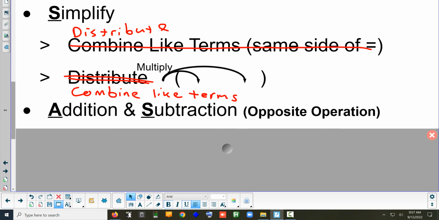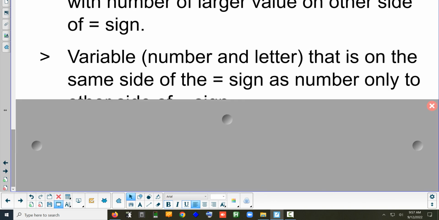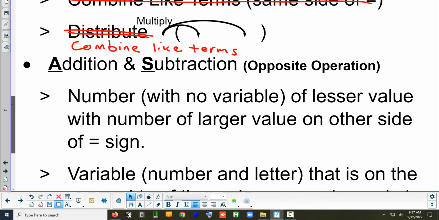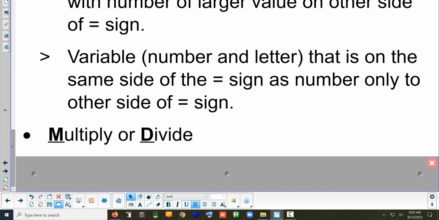So we've got simplify. We've got addition and subtraction. What's the last letter? We have S, A, and then, yes, Michael? Multiply. Yep, M is multiply or divide. Okay, and again, I'm not going through all the steps again with addition and subtraction because we just reviewed it in the warm-up, and you that were all here on Thursday, we already went through it all in a lot of detail.